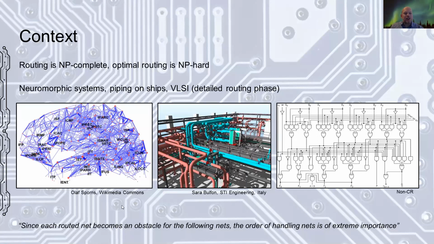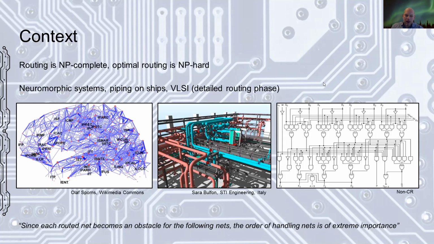Similar problems arise in neuromorphic systems, in chip design, very important, but also in robot control, for instance in warehouses, where many robots move simultaneously, but of course they should not be at the same point at the same time.